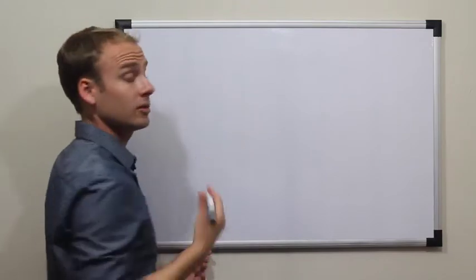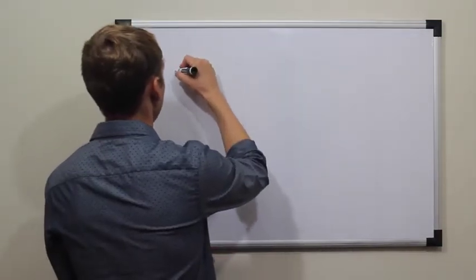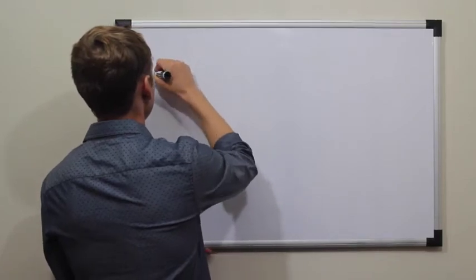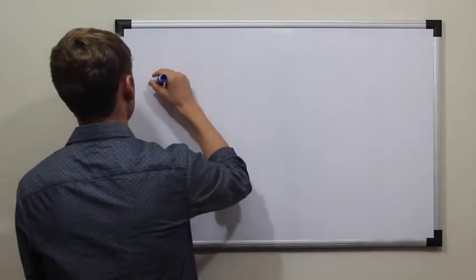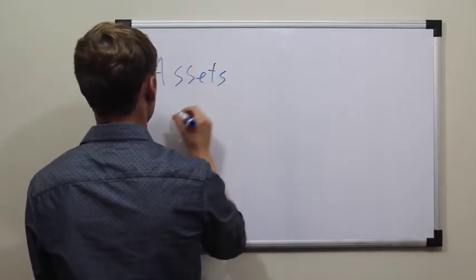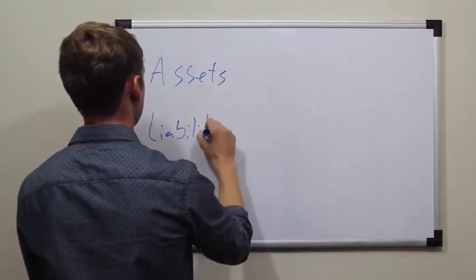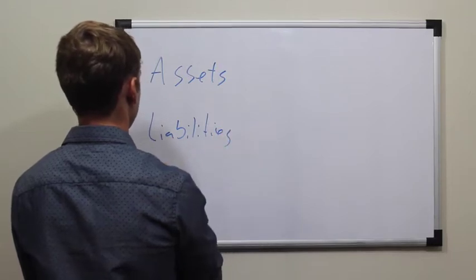Balance sheet represents the accounting equation in the form of assets, liabilities, and equity.